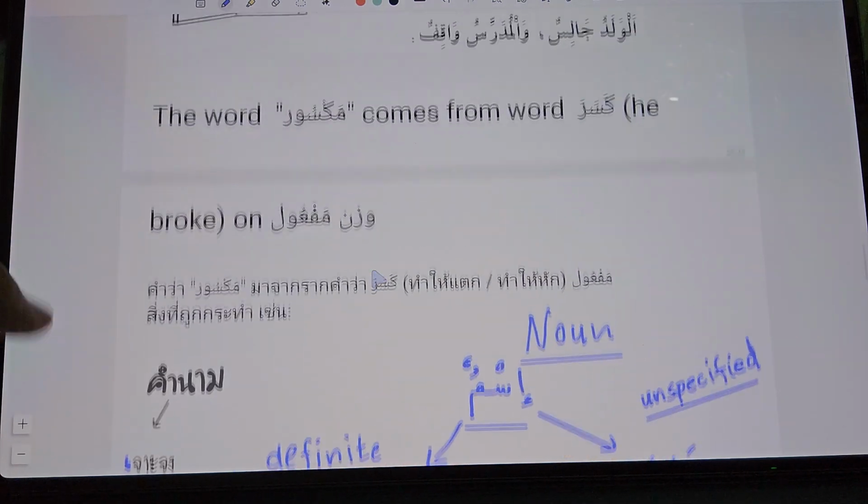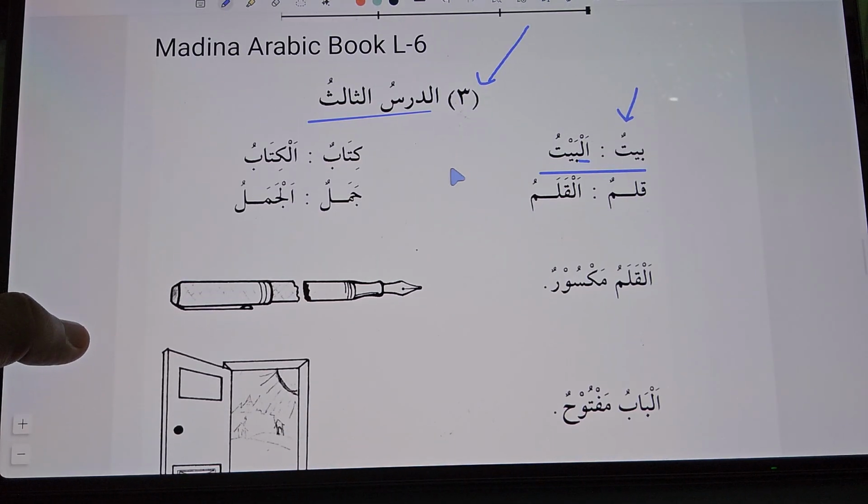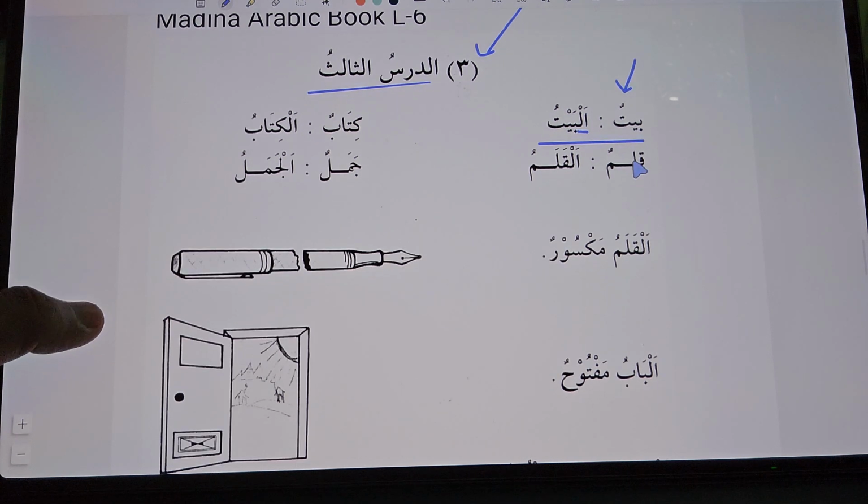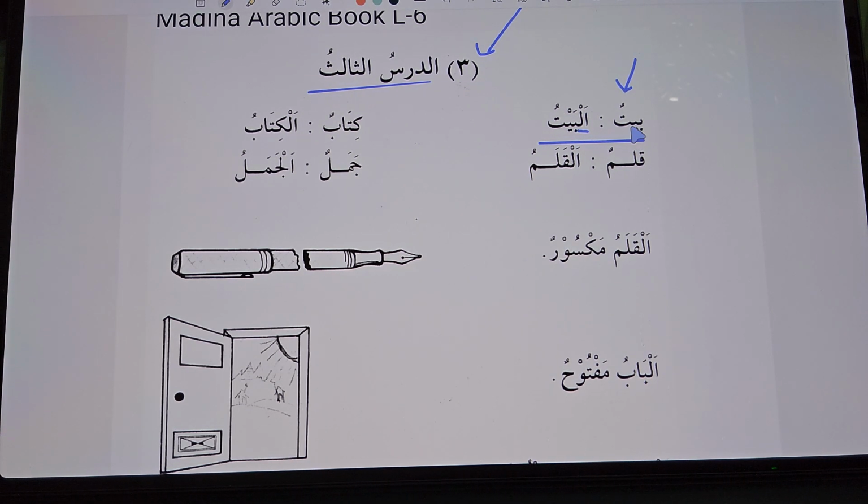Let's go back. Akhana Sabir, can you try to explain now? Baitun, how do you translate? Baitun means a house. Is it specific or what? It's not specific, it's unspecified. Or can we say definite or indefinite?